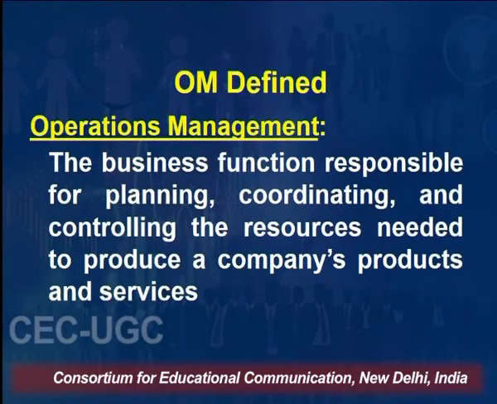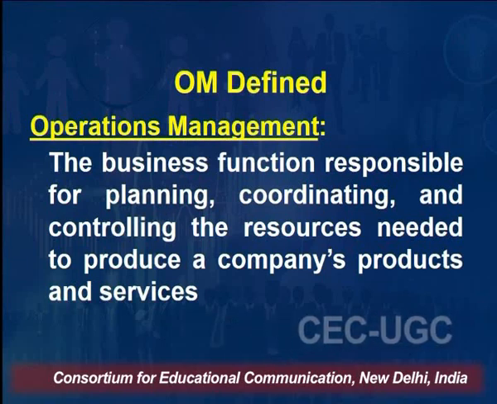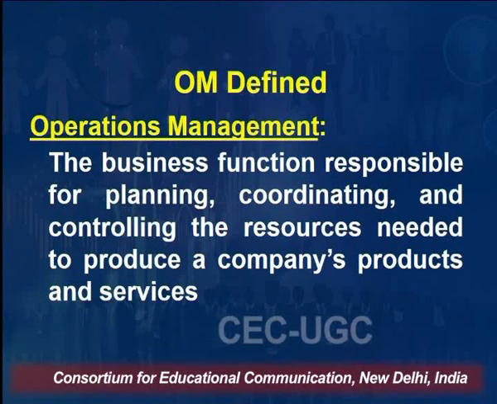Now let us know what we mean by operations management. If you see on this slide, it says it is the business function responsible for planning, coordinating and controlling the resources needed to produce a company's products and services. So what are the various management functions involved in this transformation process?